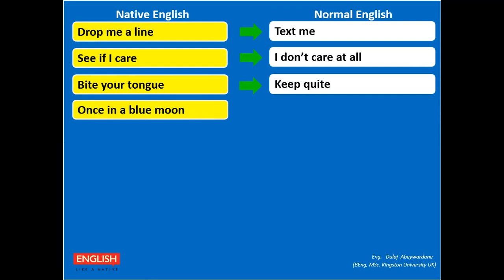And the fourth one, you might have heard: "once in a blue moon." What do you mean by once in a blue moon? We use it in combination with some sentences. As an example, "she comes to meet me once in a blue moon."